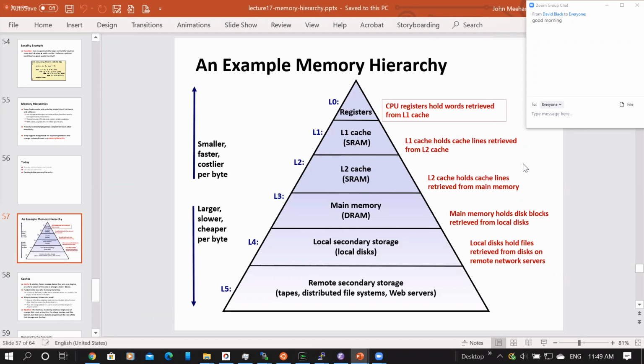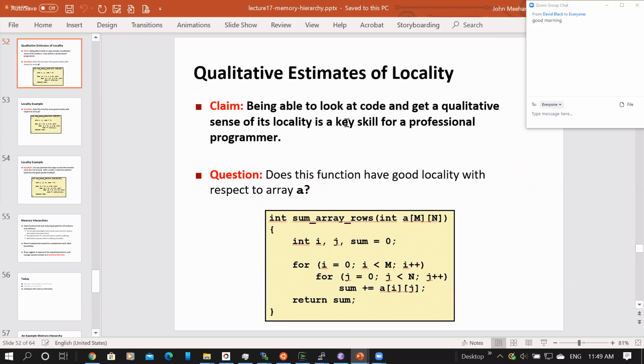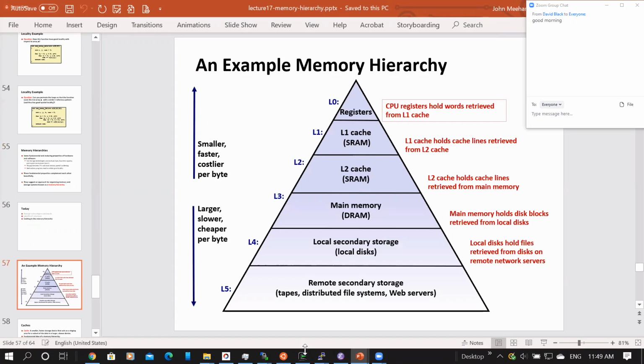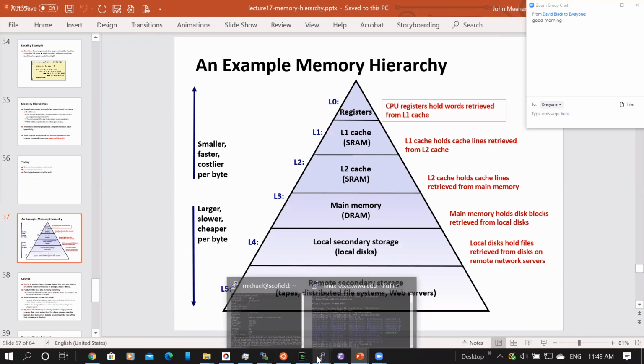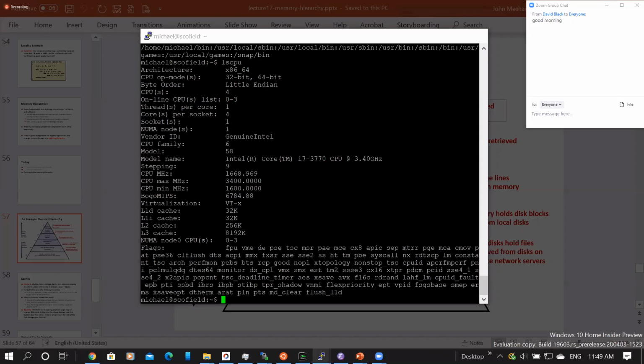Remember the statement back here. Being able to look at code in a qualitative sense of its locality is a key skill for a professional programmer. And if you really want to optimize it, you have to get down to that specific processor.